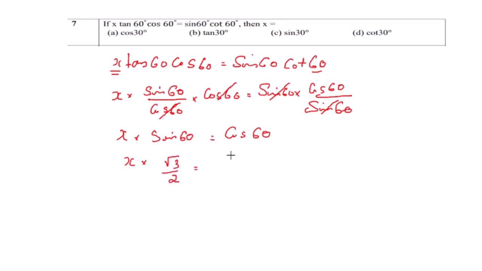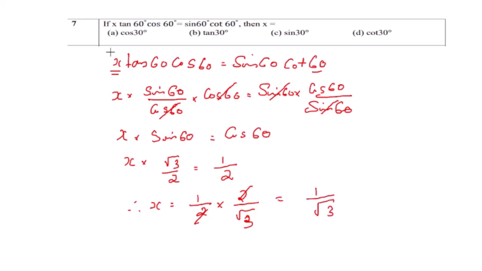That is equal to cos 60, which is half. Therefore, x is equal to half into 2 by root 3. The reciprocal of root 3 by 2 is 2 by root 3. So 2 and 2 get cancelled. That is equal to 1 by root 3.